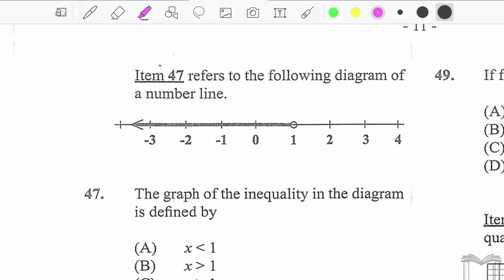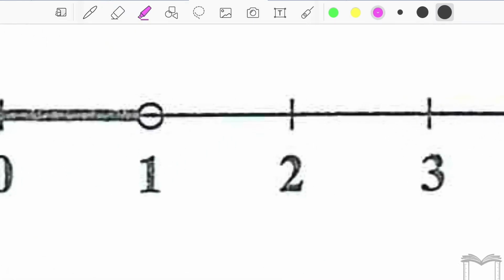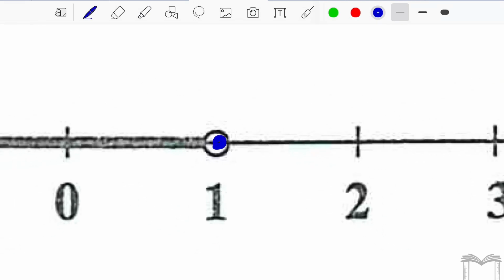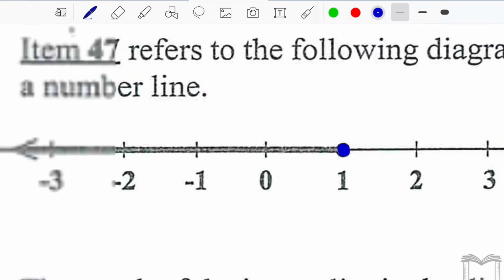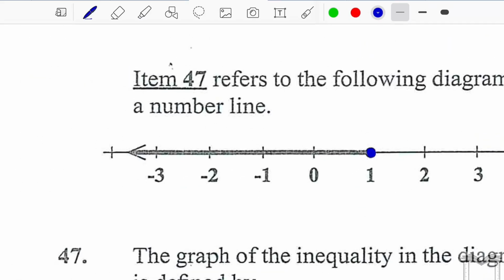When it's open, it means that we use the sign, whether it be less than or more than, just as it is. If it's shaded, like this, and it's going to the left, we are talking about less than.